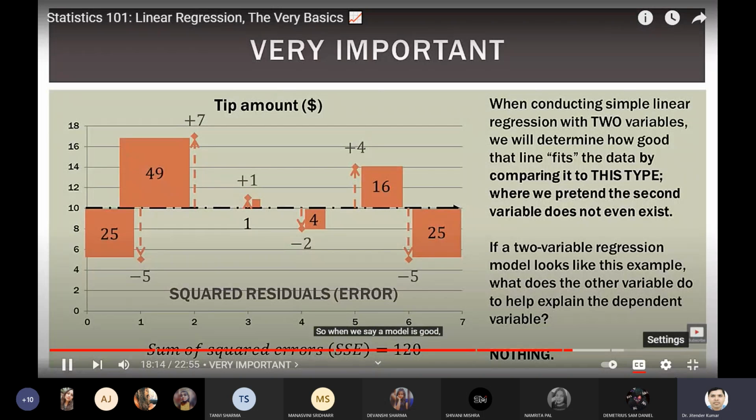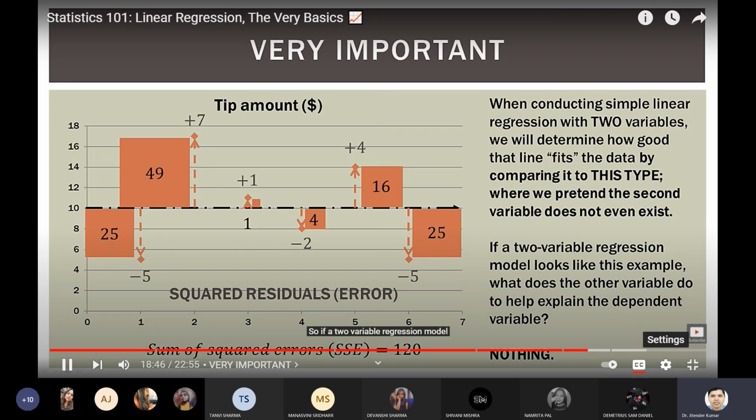So when we say a linear regression model is good, what we're saying is that it reduces the sum of squares of the error by a large amount, which is another way of saying we're comparing the other best fit line to this one you're looking at right here. Simple linear regression is always a comparison to what we would have if we only had the dependent variable.